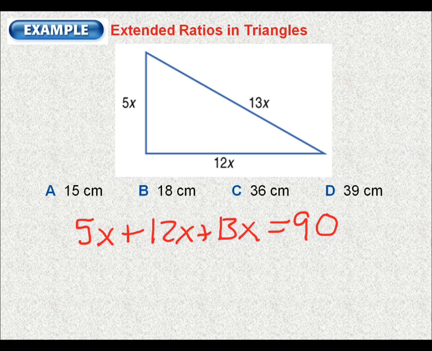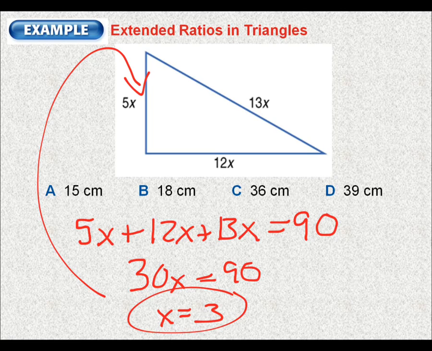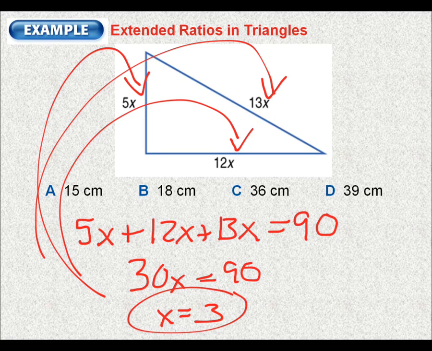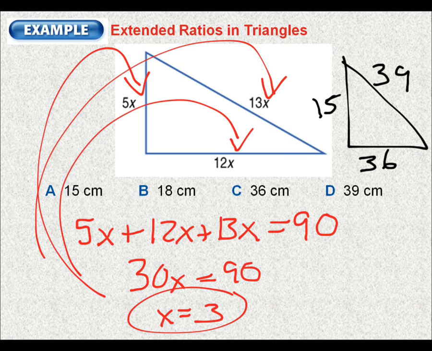So if I solve this algebra problem, 5x plus 12x plus 13x is 30x. Divide both sides by 30, x is 3. That means if I plug that in for each of those pieces, the sides of my new triangle would be 15, 36, 39, right?